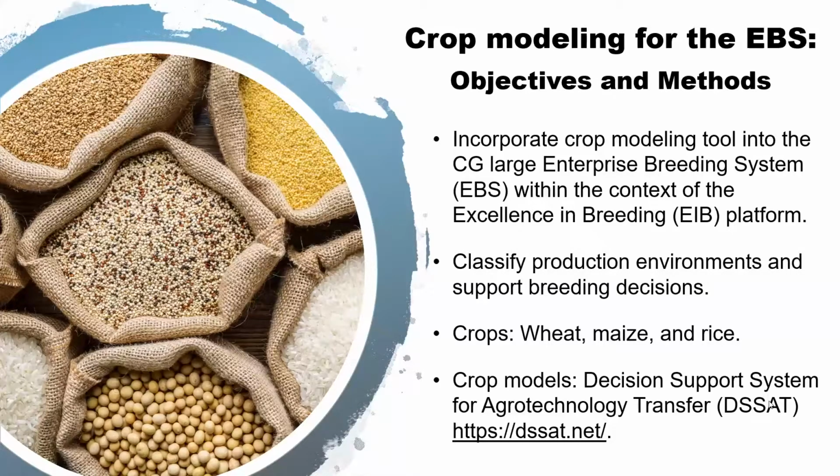So the crop modeling tool will be used to classify environments and support breeding decisions within the EBS. The focus will be on wheat, maize, and rice, and the crop models we'll be using are part of the Decision Support System for Agrotechnology Transfer, the DSSAT Cropping System Model, the CSM.